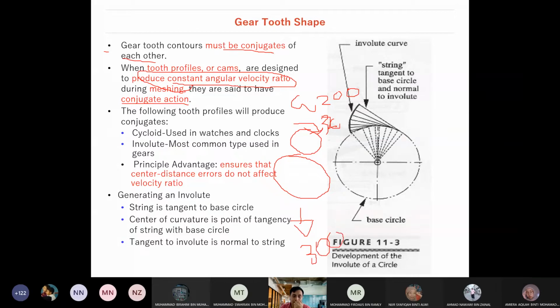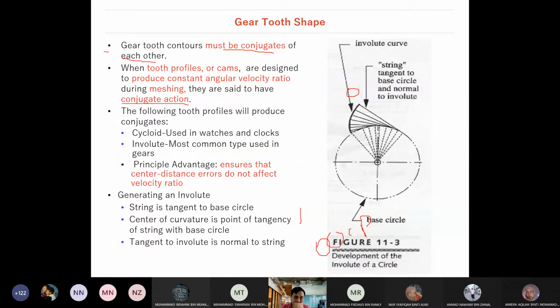So kita nak pastikan angular velocity dia adalah sama. Kita tak nak at certain place tiba-tiba dia bergerak laju sikit daripada ni. That's why the teeth is designed with a contour on it. Itu maksud dia. That's why it must produce the constant angular velocity, and that's why we call it a conjugate action.